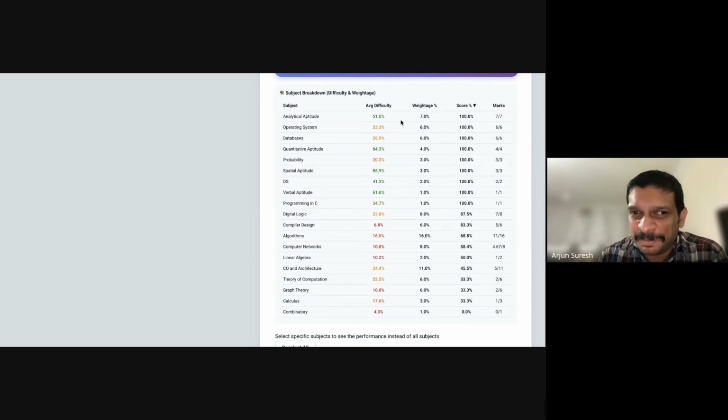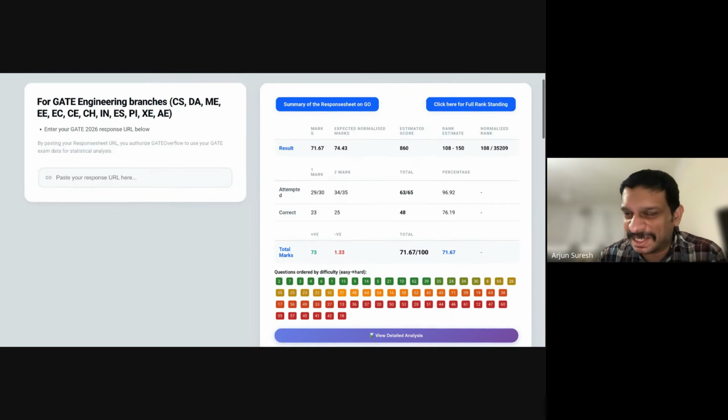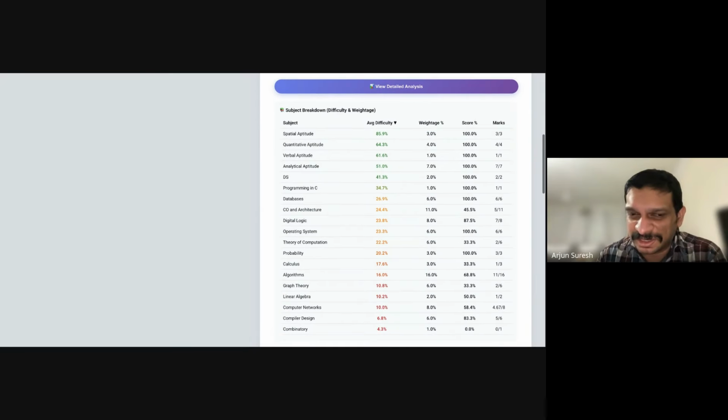Interestingly, if I sort by this, now the easiest subject is at the top, and you can see this candidate has done almost exceptionally well in all the easy subjects, and even in the difficult subjects it is a very decent performance, and that is why the rank estimate is within 150. So this is a very good performance.